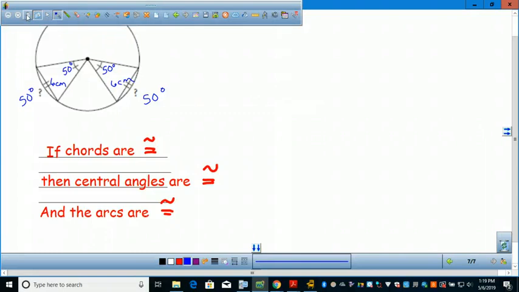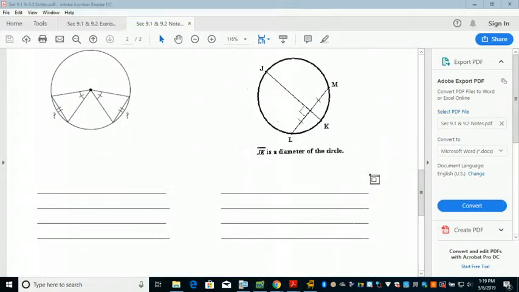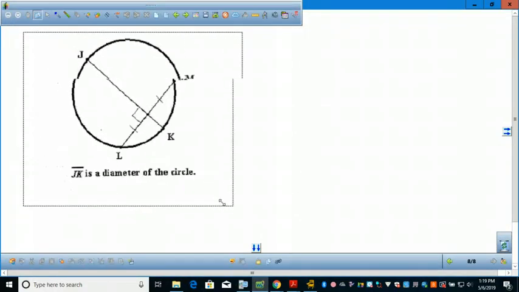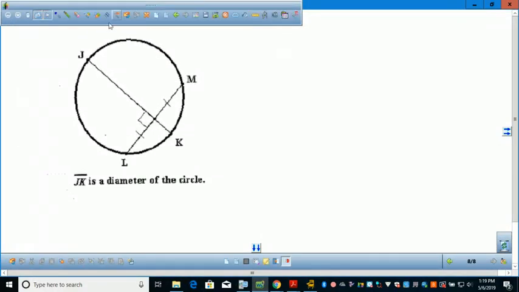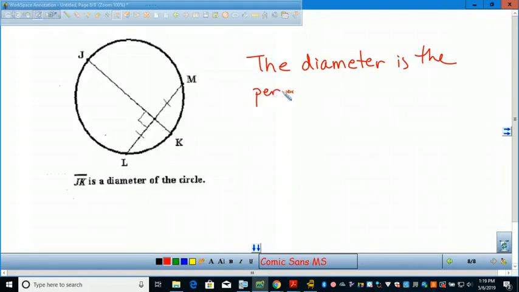And then the last one. You're going to write this down. The diameter is a perpendicular bisector of the chord.